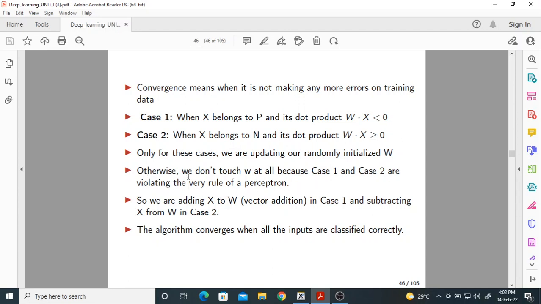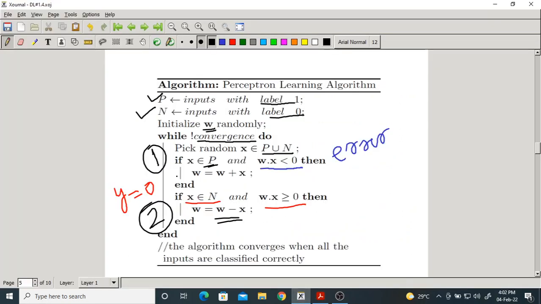Otherwise we don't touch the W at all, because case 1 and case 2 are violating the very rule of the perceptron. So in these two cases we update the weights, because there is something wrong with the weights. I told you we have to learn the weights. So we are getting an error in these two cases, which means there is a problem with W. It is not properly defined.